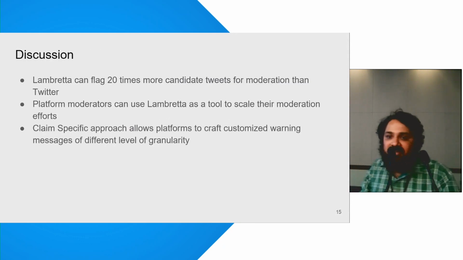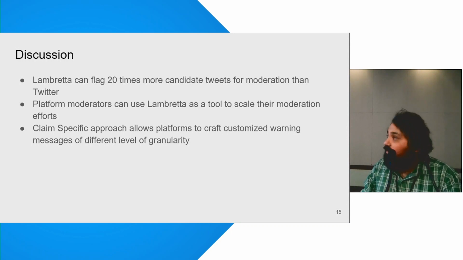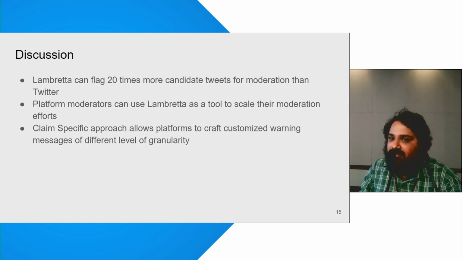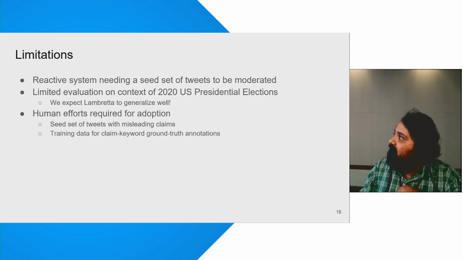So we present our system, LAMBRETTA, that is designed to help platform moderators scale their moderation efforts. And in this case, we demonstrated that we can scale it up to 20 times. We demonstrated our method in the context of the 2020 US elections, but it can be extended to other types of misleading information.